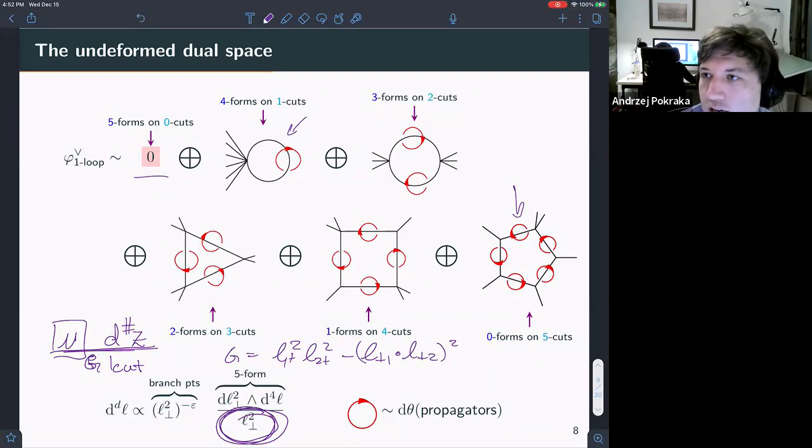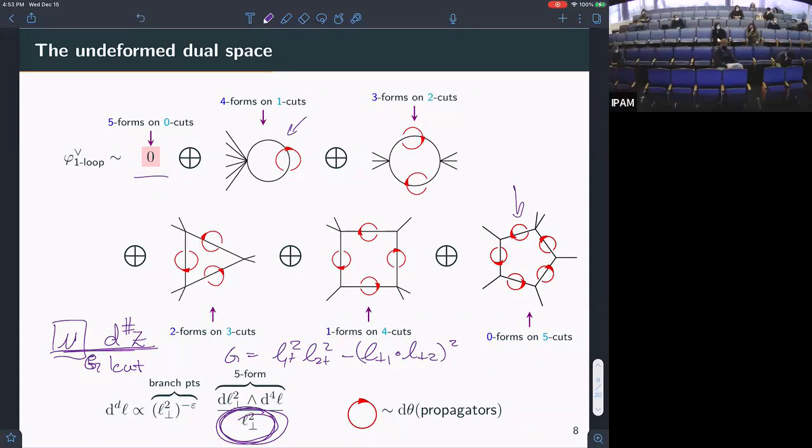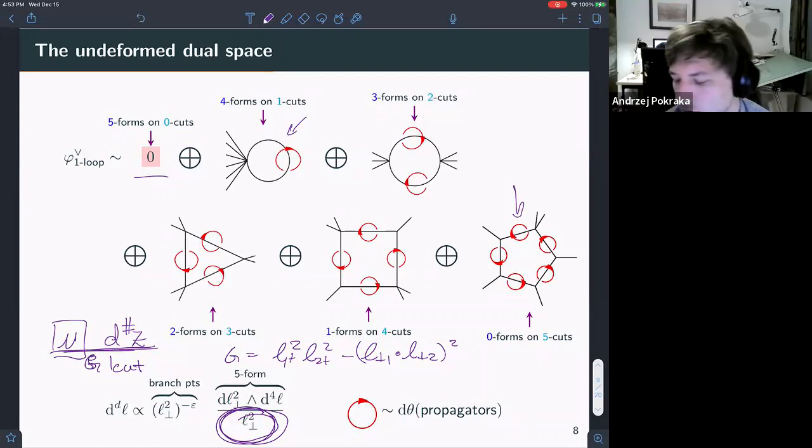Well, I don't know if these types of numerators exist in a generic dimension. People have written them in 4 dimensions, and I don't know what their d-dimensional generalization is. I haven't tried to construct such things in d dimensions.